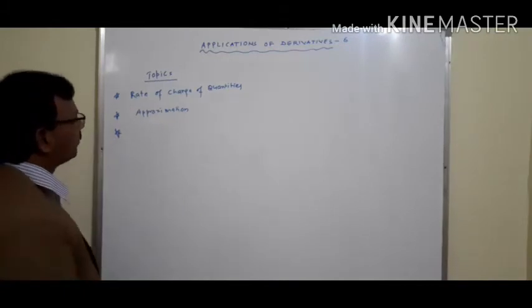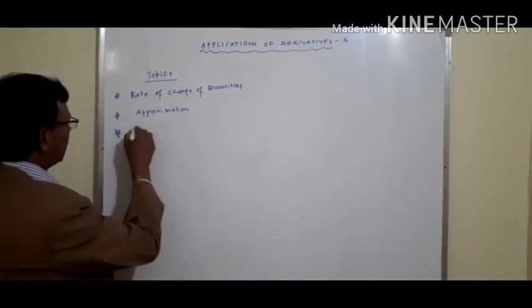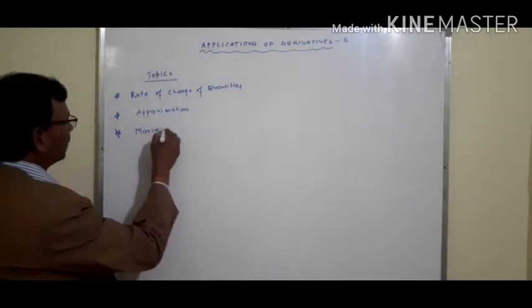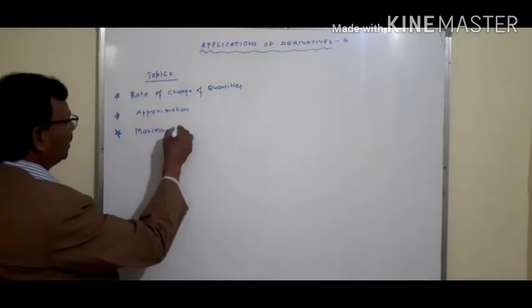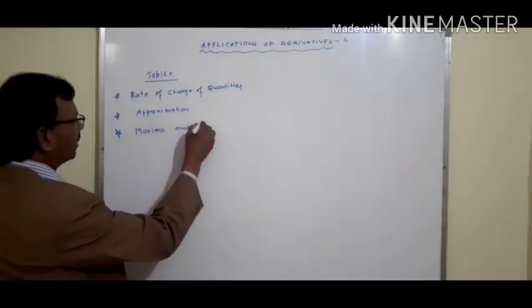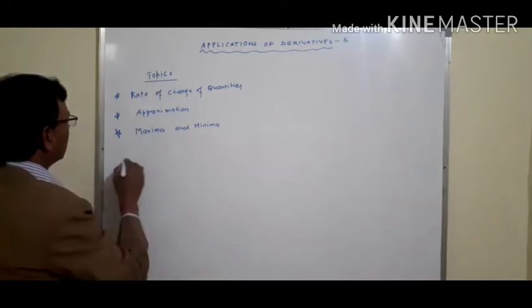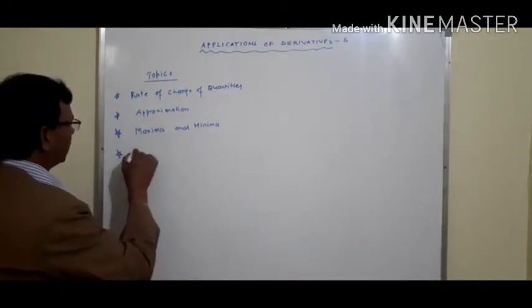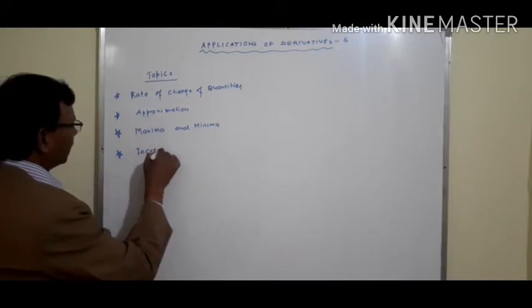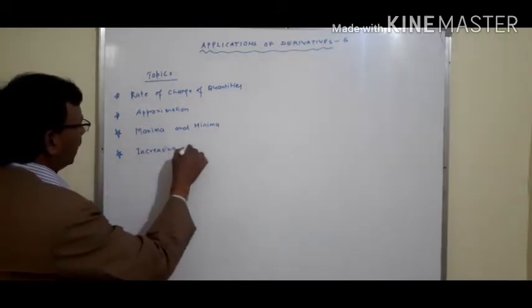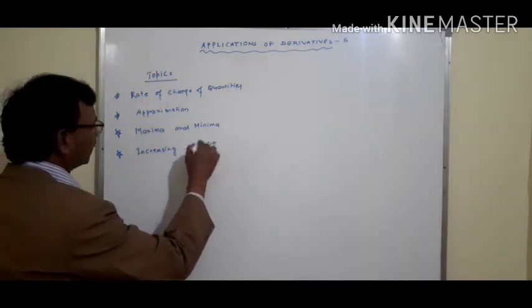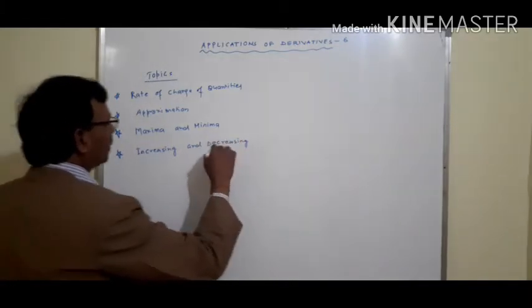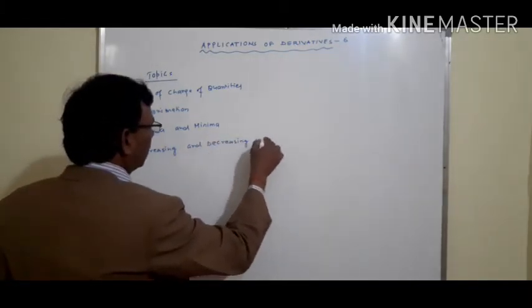Third topic is maxima and minima. Fourth topic is increasing and decreasing intervals also.